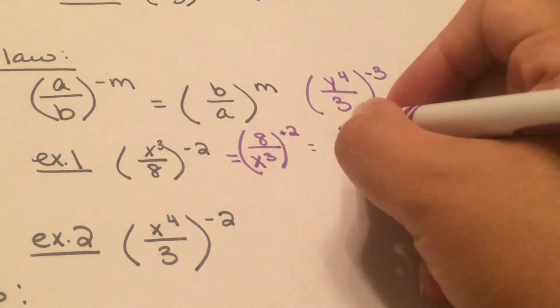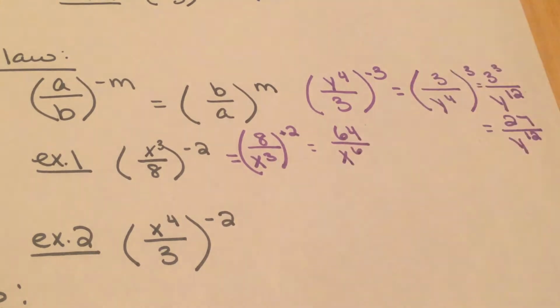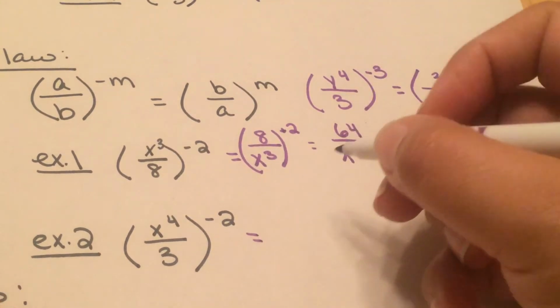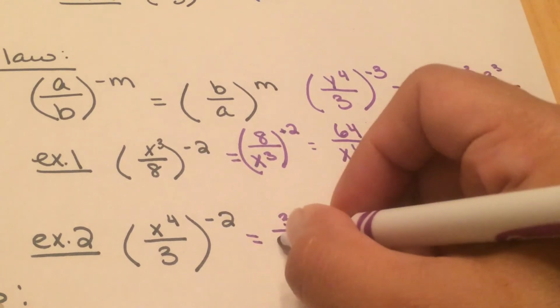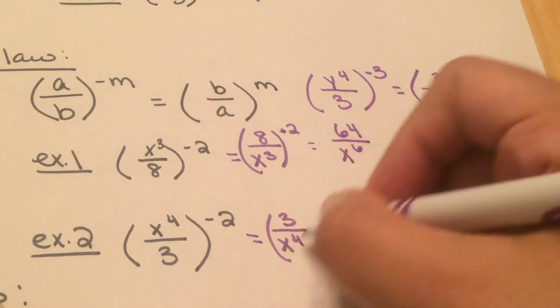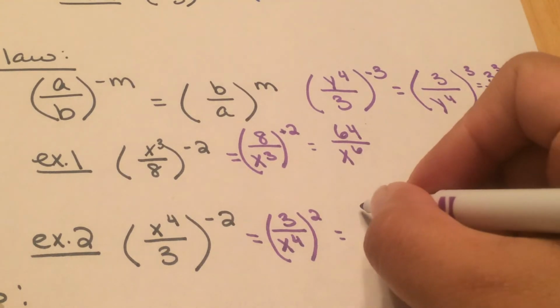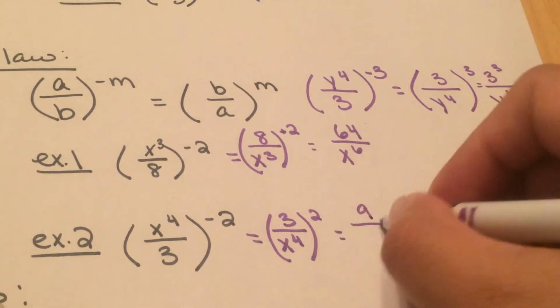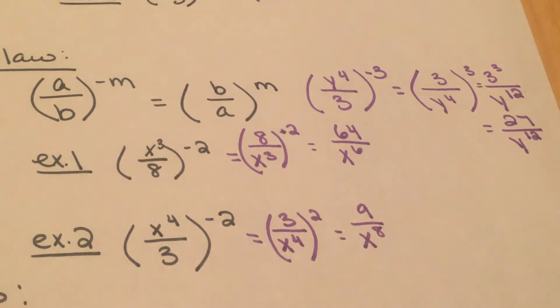And when we simplify that, we would get 64 over x to the 6. We always want to try and start getting everything into its most simplest form. On the second one, hopefully we got 3 over x to the fourth to the second power, which again, we want to simplify that as best as possible, would be 9 over x to the 8th power.